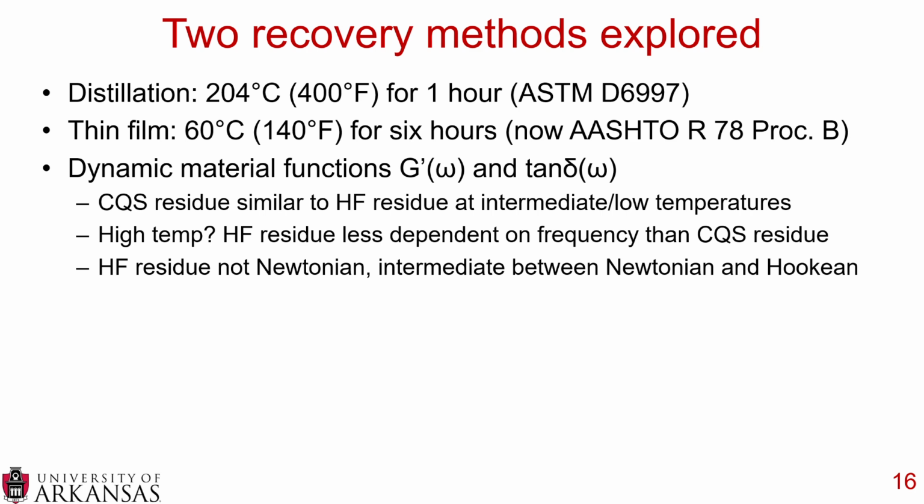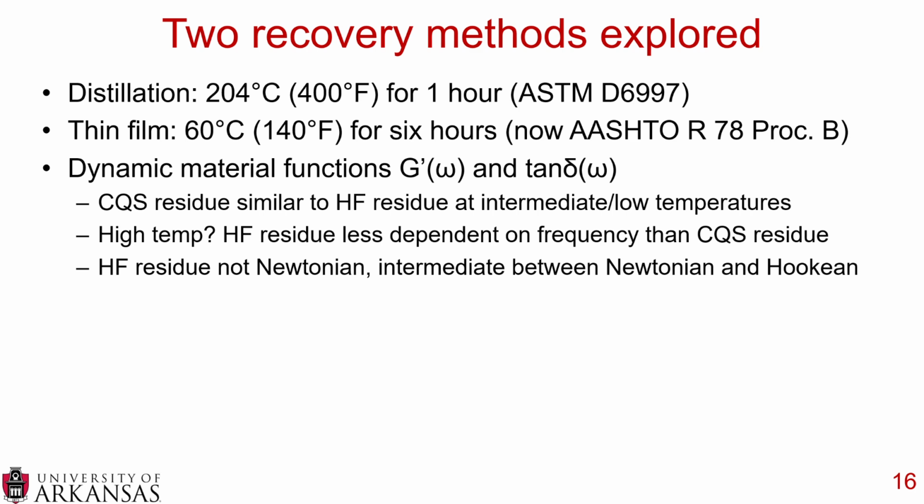They found that the CQS residue is similar to high float residue at intermediate and low temperatures, but at high temperatures, high float residue was less dependent on the frequency than the CQS residue. So this is kind of going back to the standard discussion about how high float emulsions really don't impact intermediate and low temperature properties, at least not as much as they potentially impact the higher temperature testing.